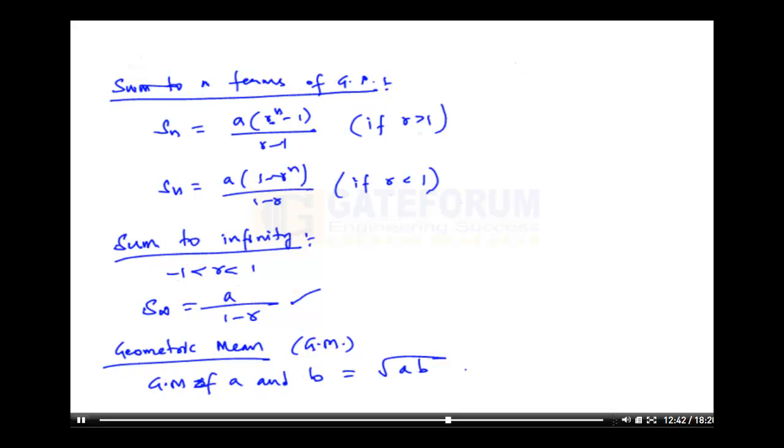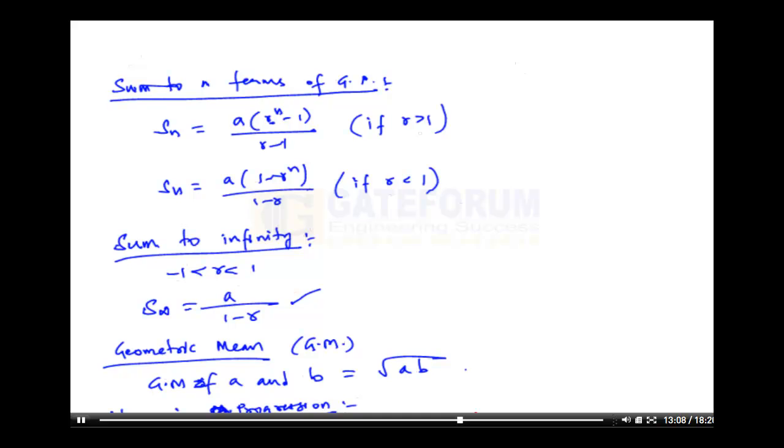Now, next is harmonic mean. Harmonic progression, sorry. In harmonic progression, numbers are obtained by taking the reciprocals of numbers which are in AP. Let us consider an AP series first: 2, 5, 8, 11, and so on.